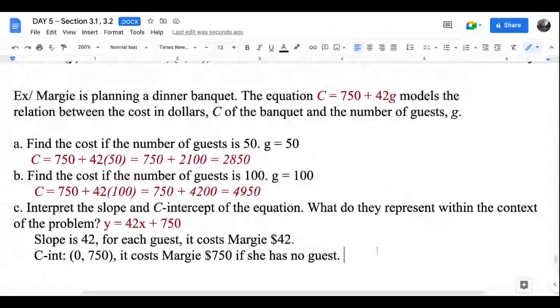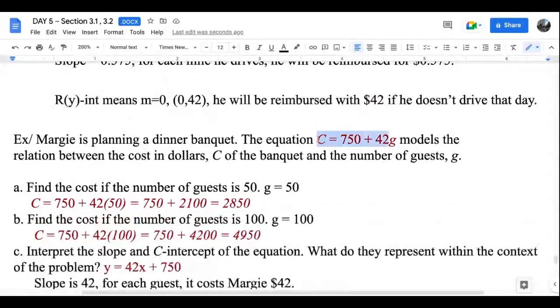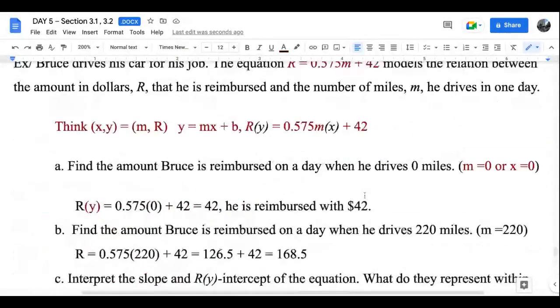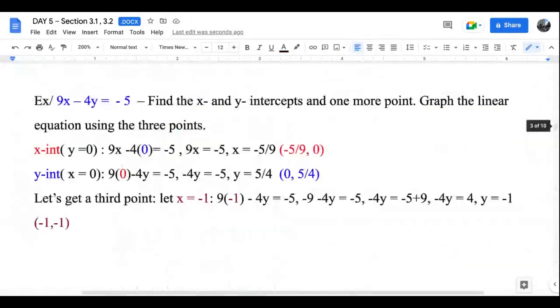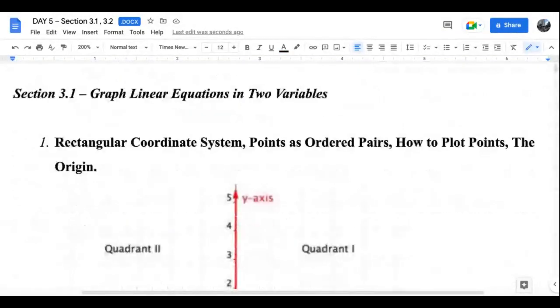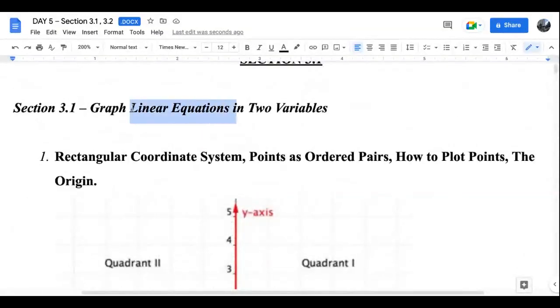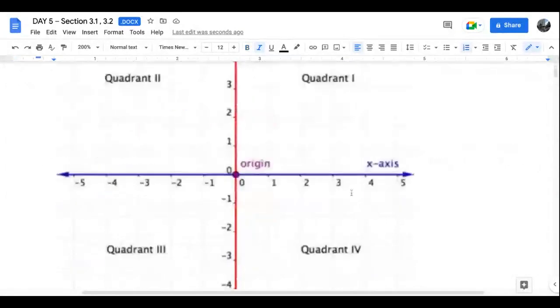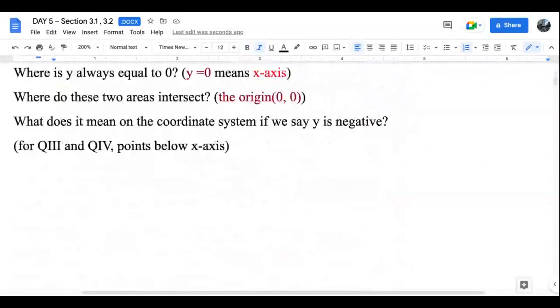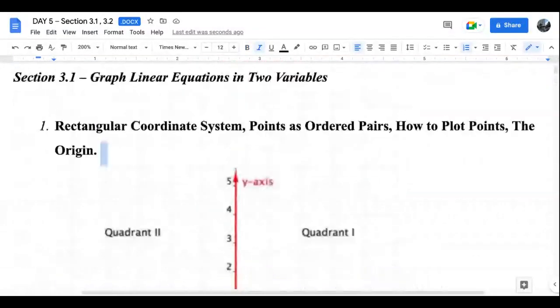Okay, so that's it. Basically today we talked about linear equations. Each linear equation is a linear model and can be represented in 3 different ways. Sometimes it's called a linear equation in 2 variables because we see x and y. It has 3 representations.